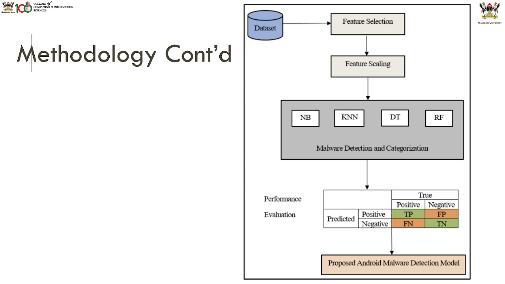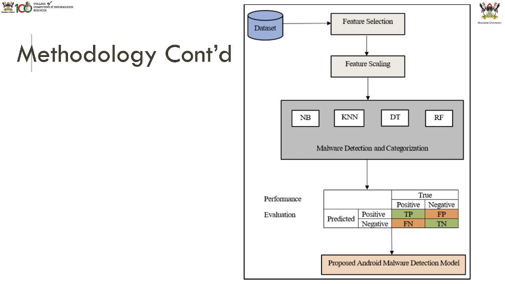So we shall use various models like k-nearest neighbor, random forests, etc. So at this point, we shall be detecting malware and categorizing. After training our model, the next thing will be performance evaluation, whereby we shall use this table, which evaluates the true positives and true negatives.